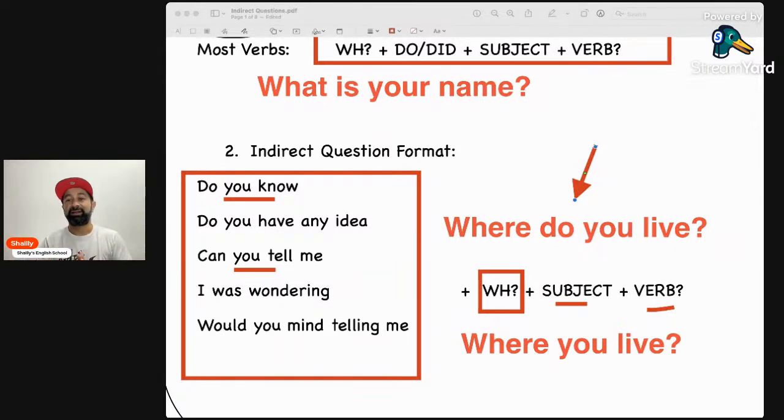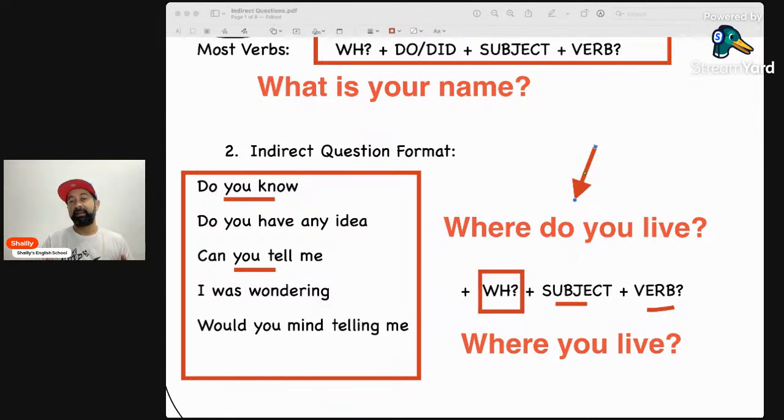I'm lost. I see a stranger. Maybe they know where the train station is. Maybe they don't. I'm not sure. So in that situation, I will say, do you know where the train station is?